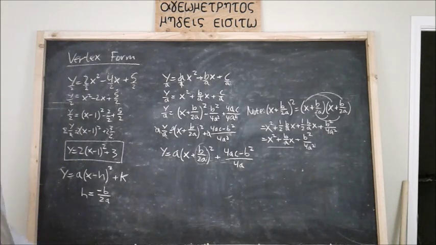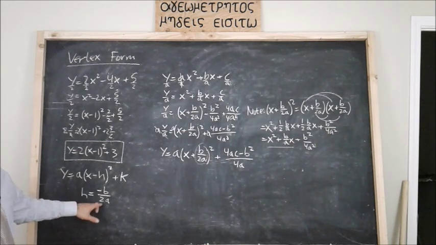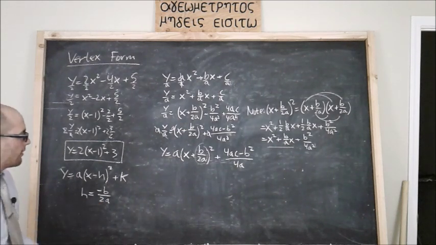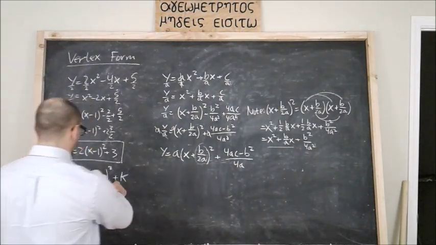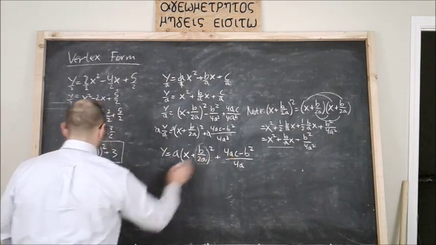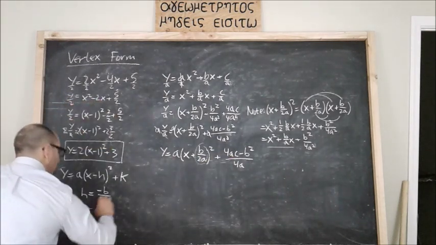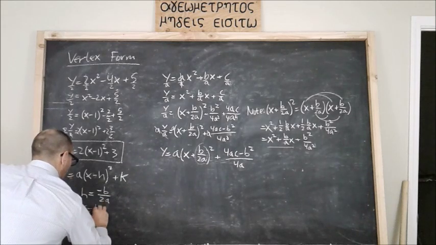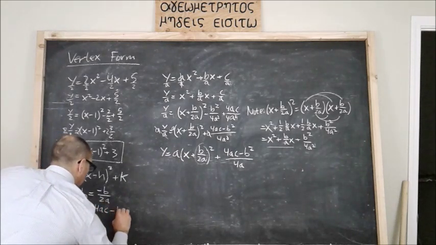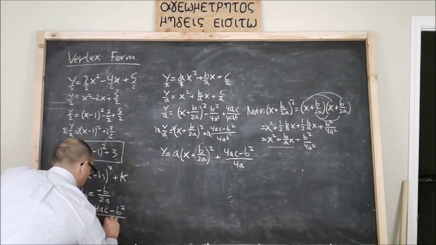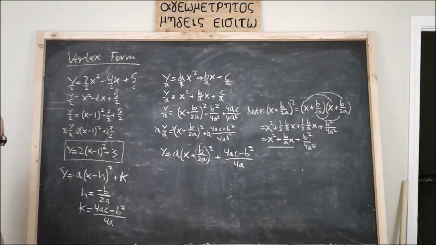If you continue with mathematics into calculus, there's another way to show that the vertex is at this x coordinate, but we won't go there today. So then k, that leaves us with k is this guy. K is equal to 4ac minus b squared divided by 4a.